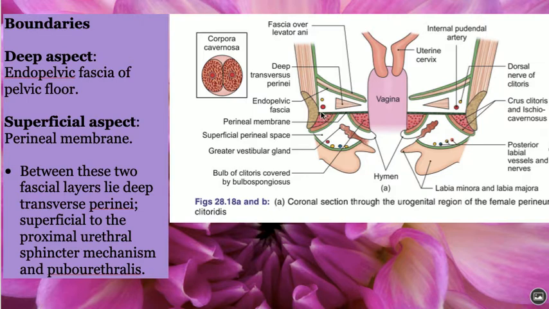Between these two layers lie the deep transverse perineum, which is superficial to the proximal urethral mechanism, and the pubourethralis.